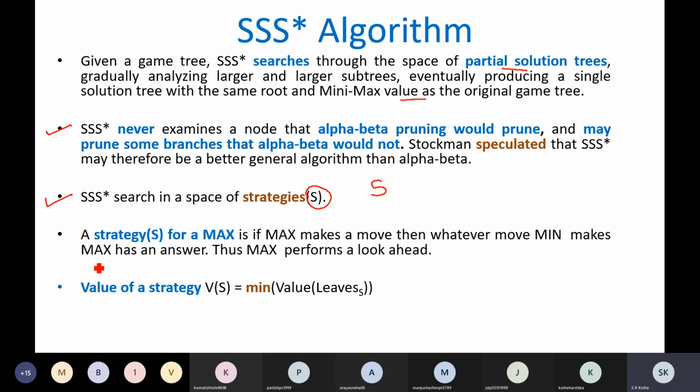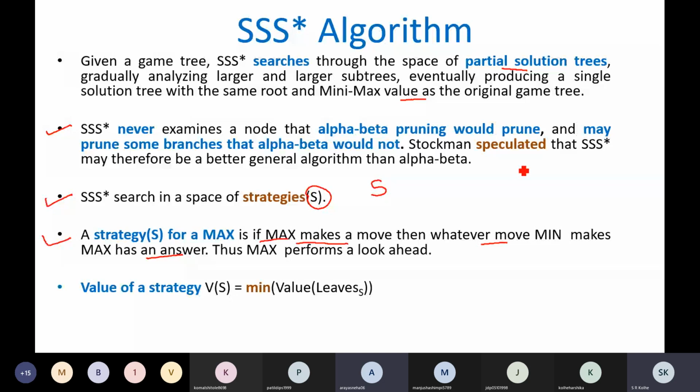Now, what is a strategy? A strategy S for max is: if max makes a move, then whatever move min makes, max has an answer.